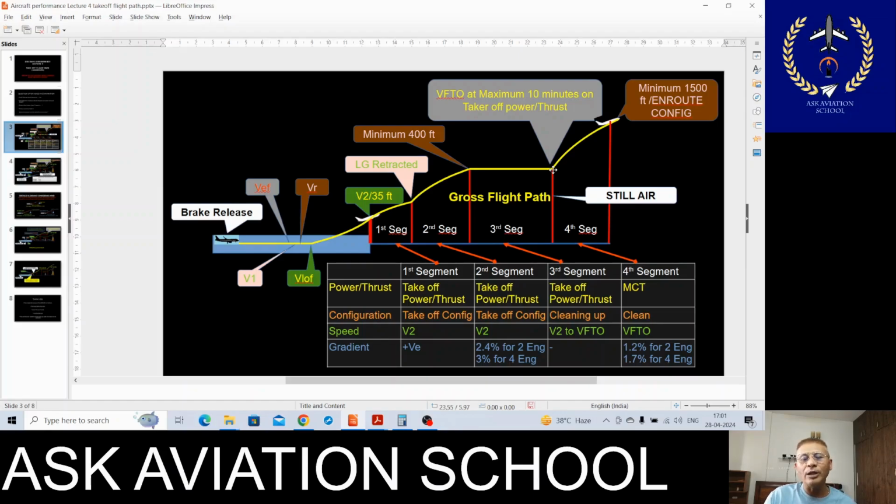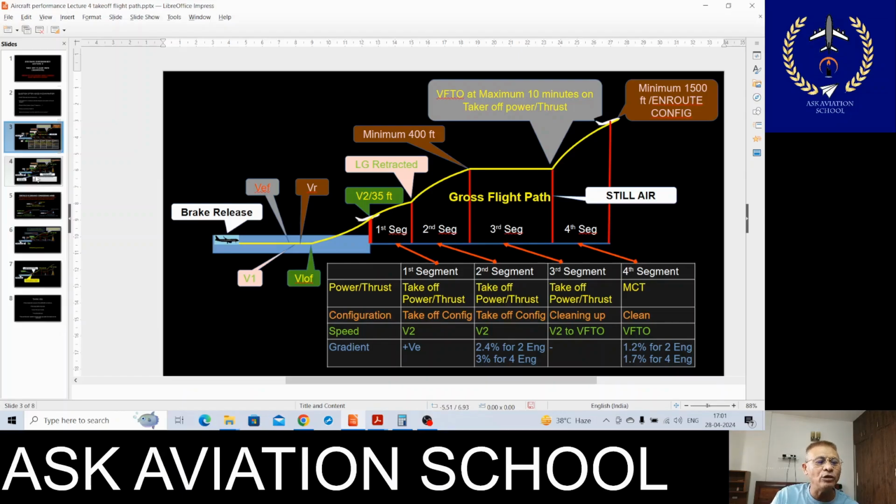Why I said that normally the aircraft should be able to follow it is because of the variation in the flying technique, piloting skills, and because of the variation in the atmospheric conditions, the gross flight path may differ. So in order to consider the obstacle clearance, this difference in the gross flight path, because of flying technique or because of the environmental factors, needs to be catered in.